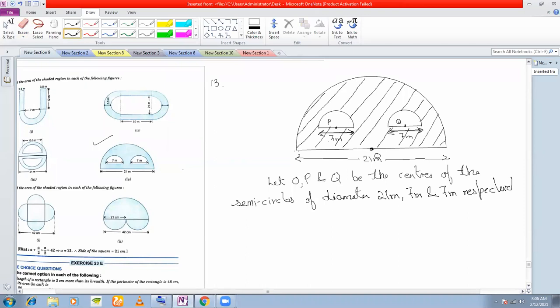So O is the center of the largest semicircle. P and Q are centers of the smaller semicircles inside the largest semicircle.